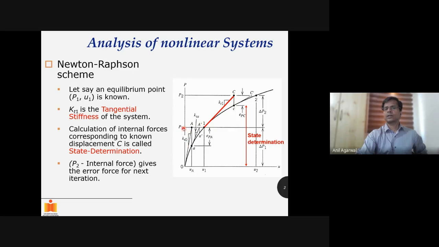So I take that 100 kilonewton, divide by the slope, and I'll get the deflection. This will be my deflection calculation for a linear spring. If this were not a nonlinear system but a linear system, it would have followed this line and would have given me this much displacement, UA. That is just like any linear system.